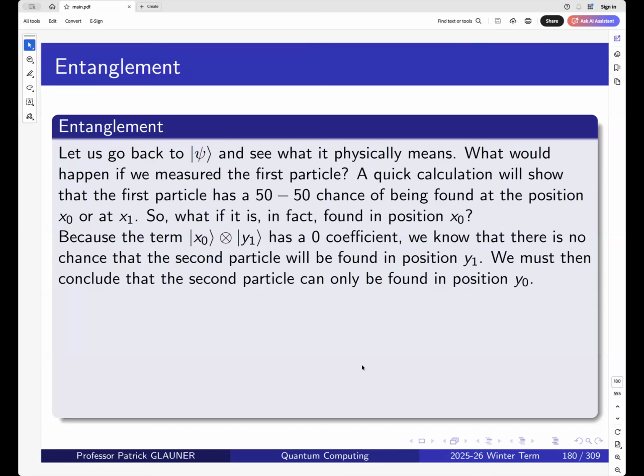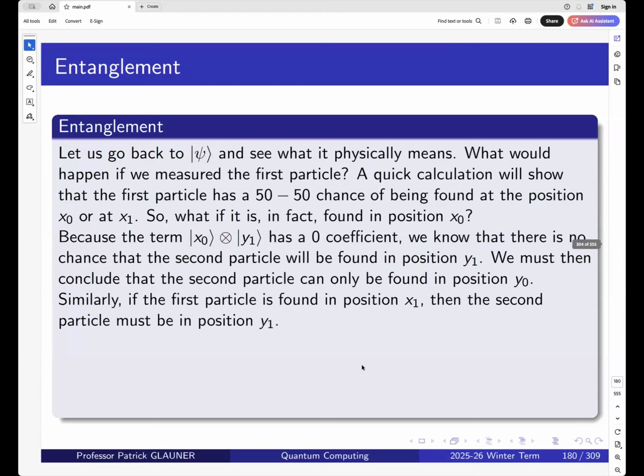So I also know and measure automatically that the other particle is in position y0.